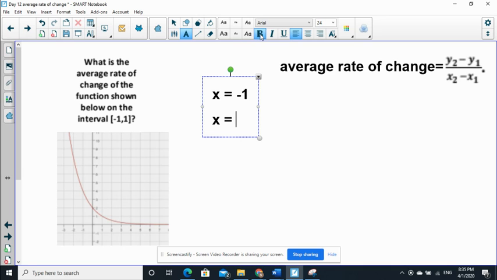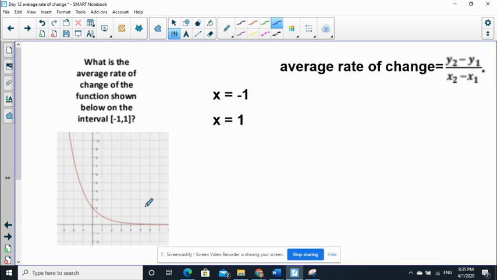From this interval, the first point is x equal negative 1 and the other is x equal 1. So from negative 1 to 1, in this interval, let me look here.